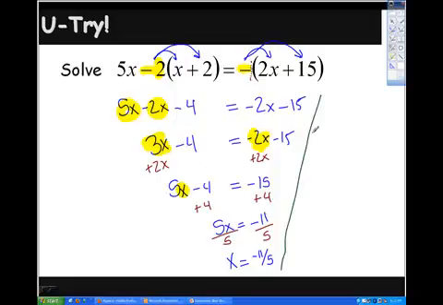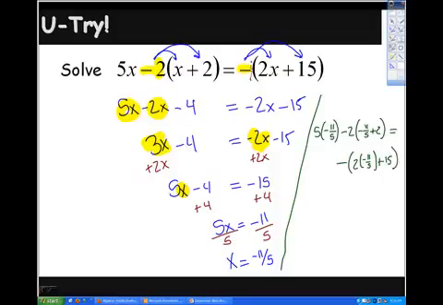So I've got 5 times negative 11 fifths minus 2 times negative 11 fifths plus 2 equals the opposite of 2 times negative 11 fifths plus 15. You know what?